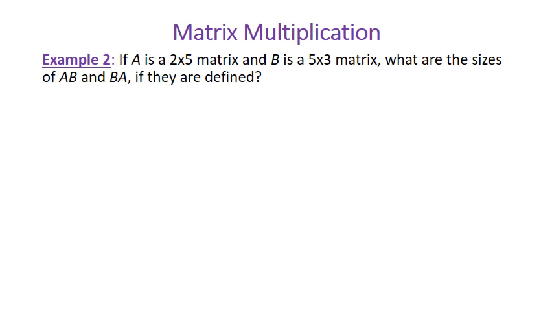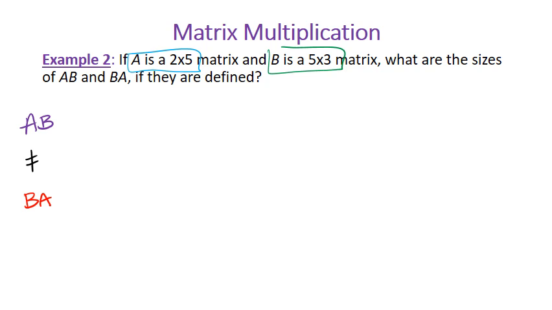So this here is saying that matrix A is a 2 by 5 matrix. Matrix B is a 5 by 3 matrix. And I want to know what the sizes are of matrix AB and matrix BA if they're defined. Now, when it comes to matrix multiplication, these two items that I have written are not necessarily equal. So you need to be very cautious.